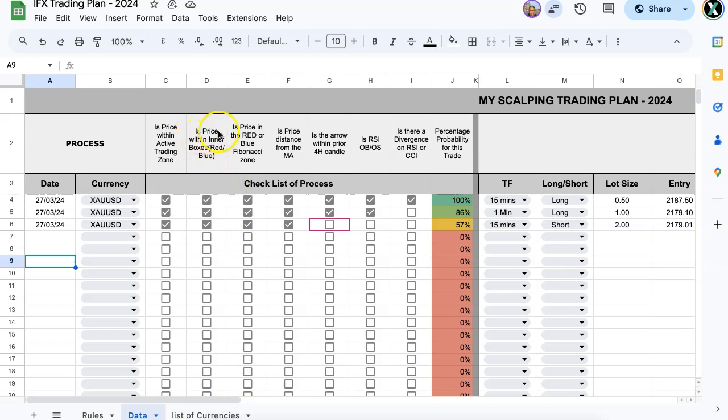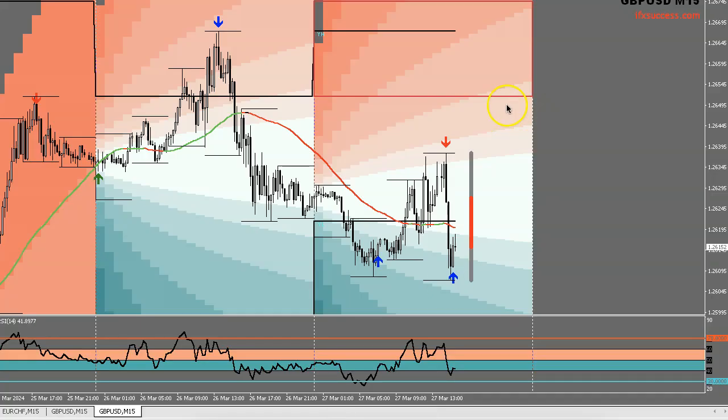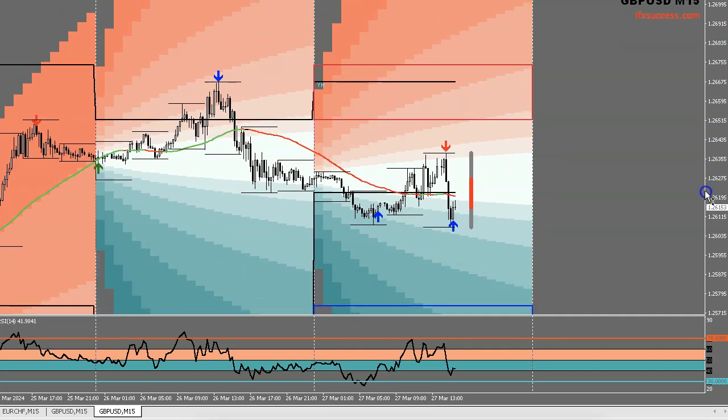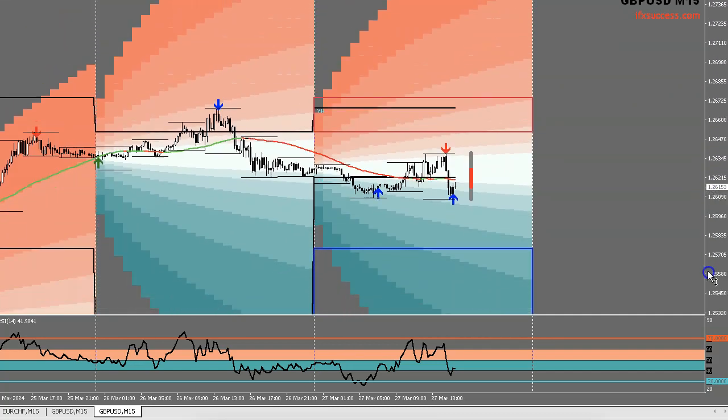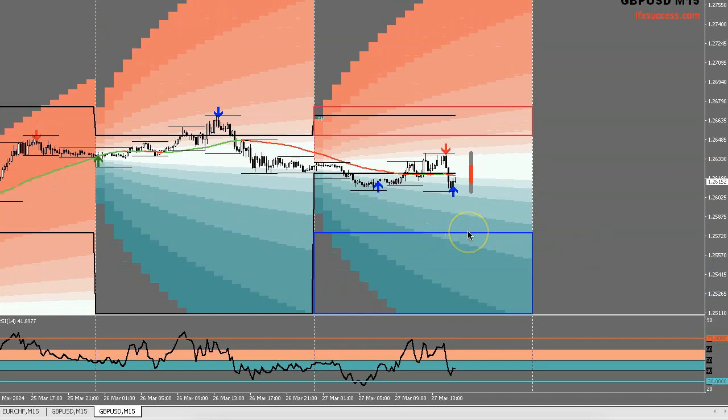Now, is price within the inner boxes, red and blue? Okay, so we're going to go here. We have the red box right here, which is good, right? And then the blue box is all the way at the bottom. So that criteria is met. The first one is no longer met. So yes, it is possible to look for buy entries in here, but now we're a little bit in a danger zone, okay?